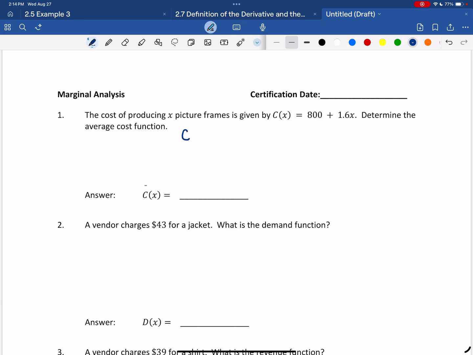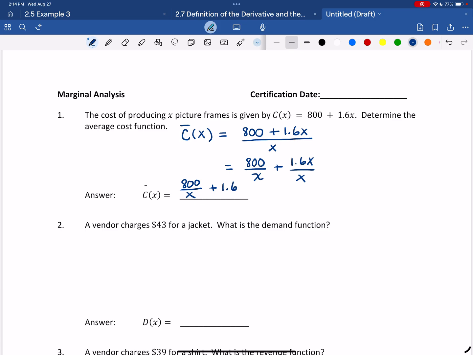So average cost, C bar of X, is your C of X, 800 plus 1.6X, divided by X. And we're going to want to go ahead and split this apart. 800 over X plus 1.6X over X.